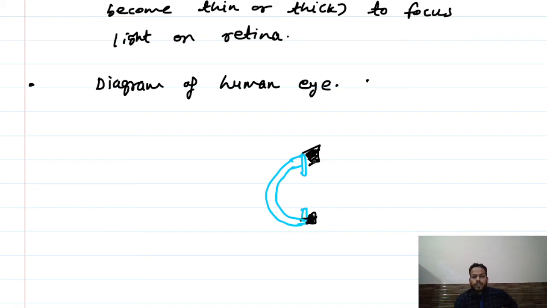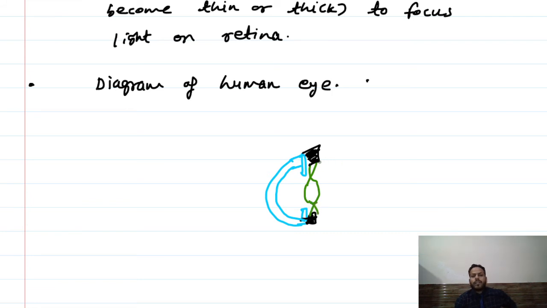Okay, so in between these two suspensory ligaments are present. So this is suspensory ligament through which this convex lens is suspended, and this is connected here.